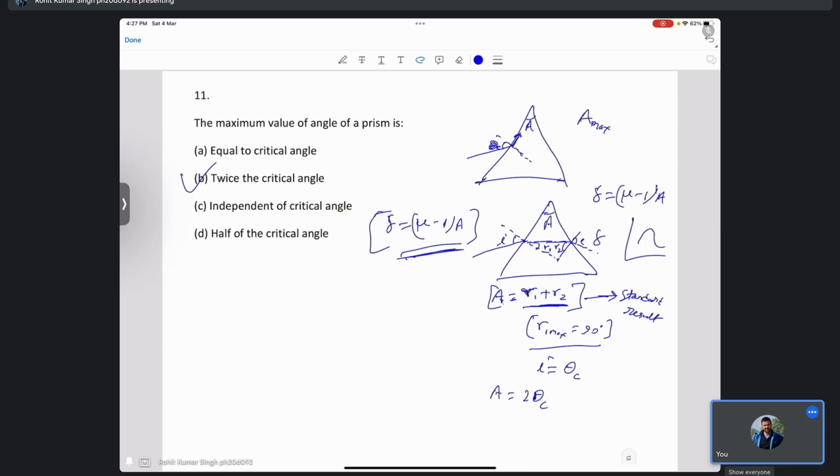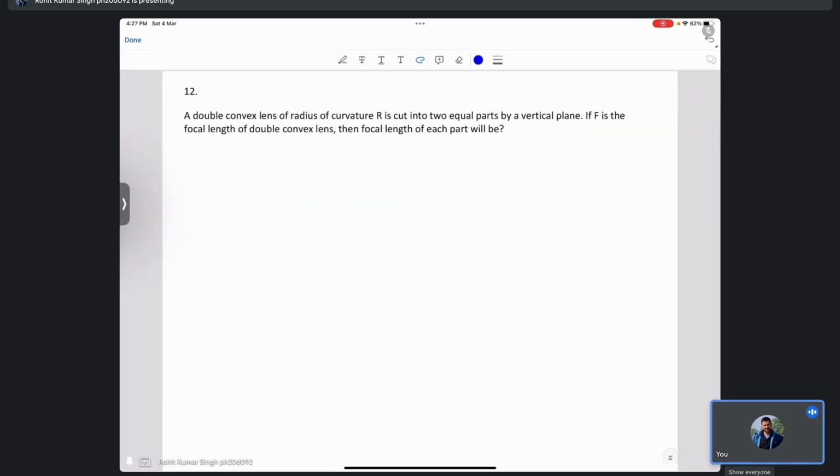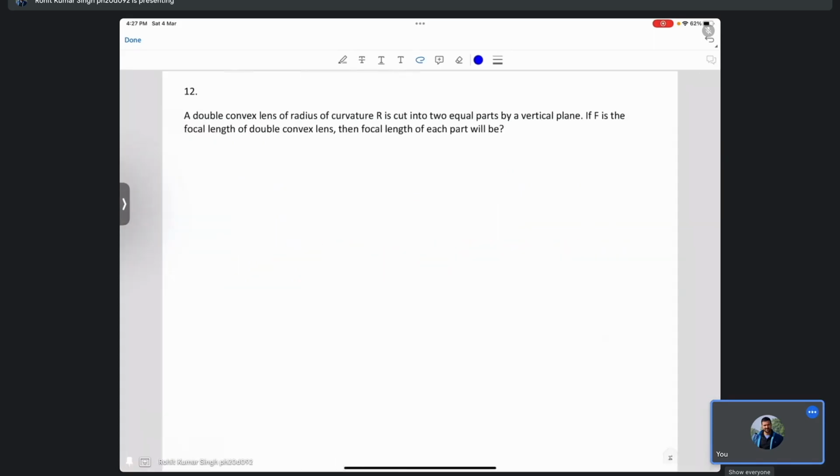If it's fine, then let's move to our last problem of the session. This is a problem from last week's topic, lenses.